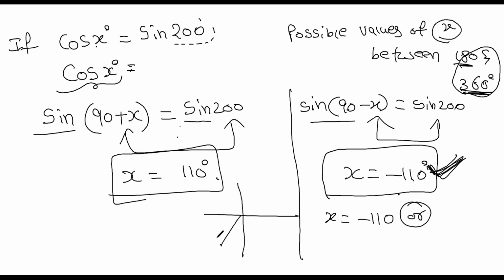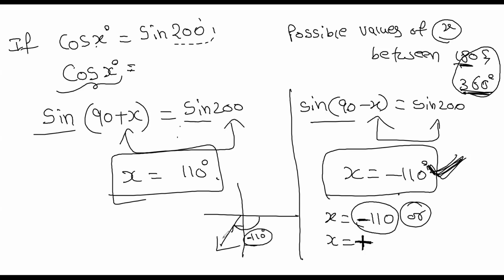Now this is in terms of a negative angle, right? I need the same angle in terms of positive. Minus 110 lies somewhere over here, because we're going in the clockwise direction.